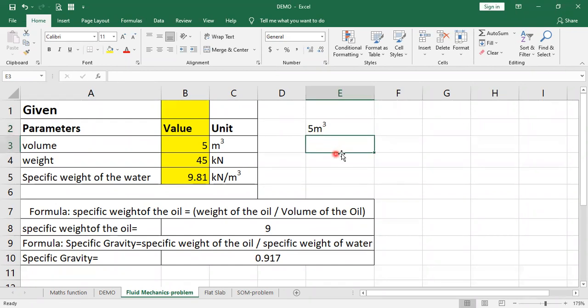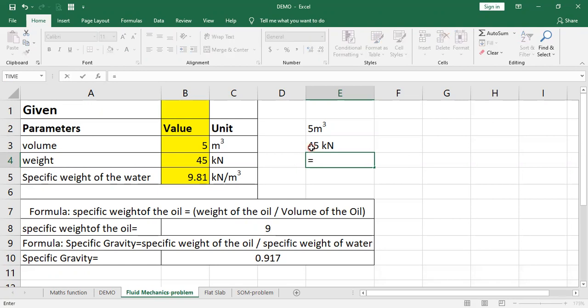And suppose again I'll just mark here 45 kilonewton. Now you want to use this 5 and 45. Suppose, just for example, I want to write a formula. This is equals to 45 divided by 5.